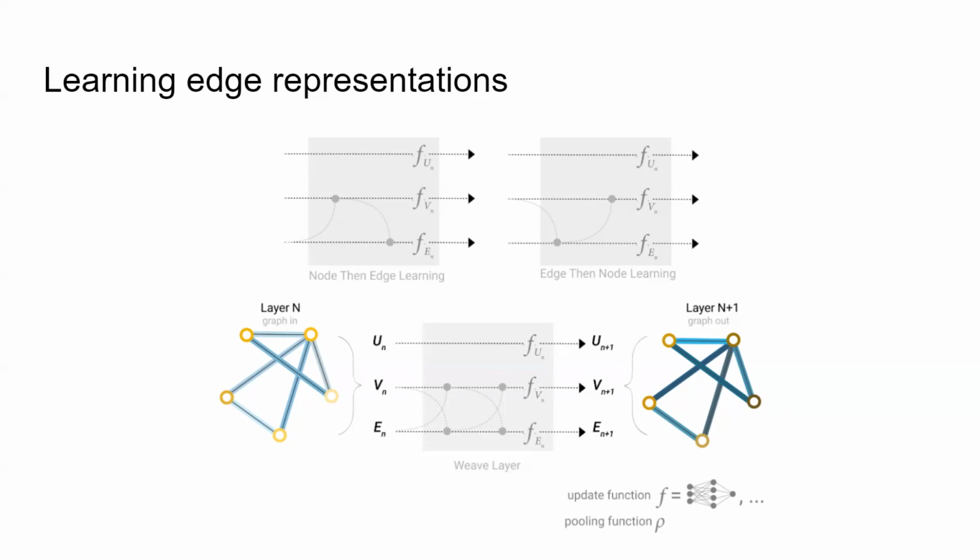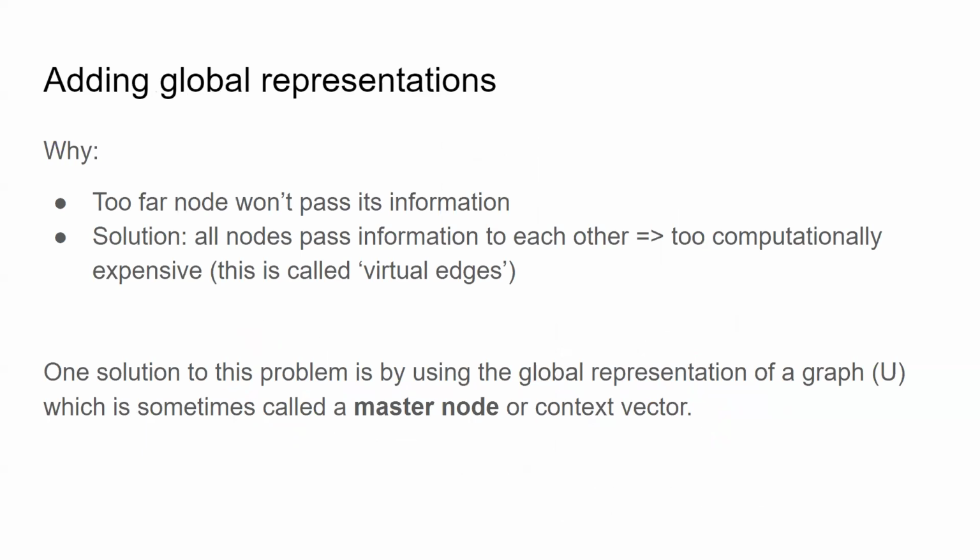Anyways, the next thing they go for is adding global representations. The reason they do this is that if there's a node that's too far from the graph, so it's still connected but it's one long edge that's really far away, then it won't pass its information into the other nodes, because you need too many aggregation steps to get it into the main graph.